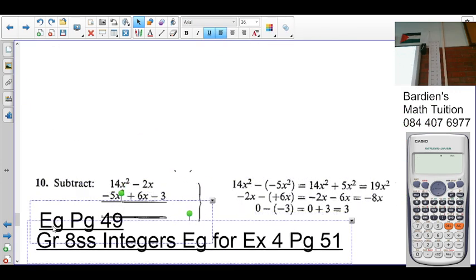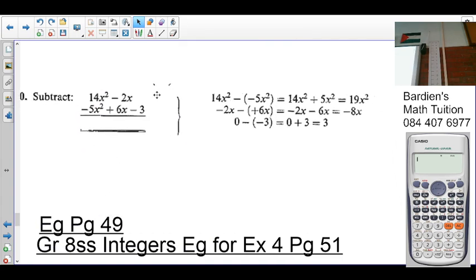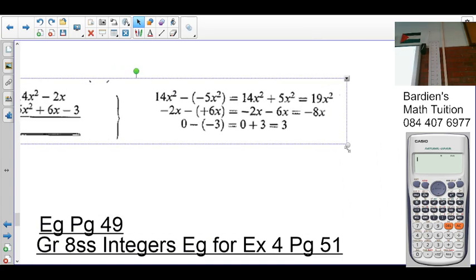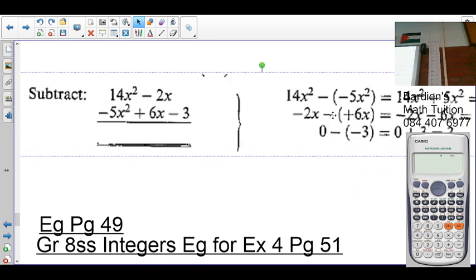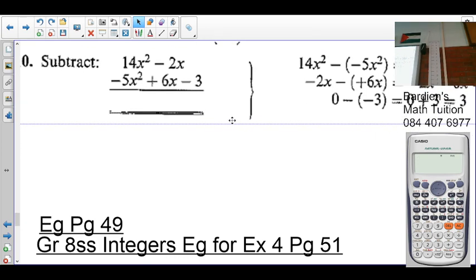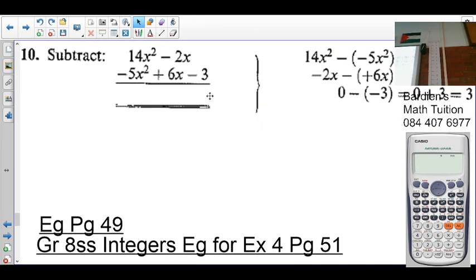Let's look at the next one. This is exactly what I explained there. You see that? Number 10 says again subtract. So what am I going to do? I'm going to change the signs on the line. I think it's the easiest. I change the signs here.